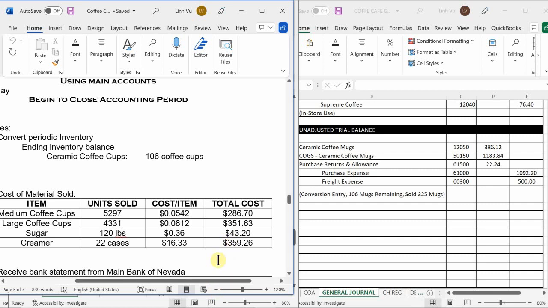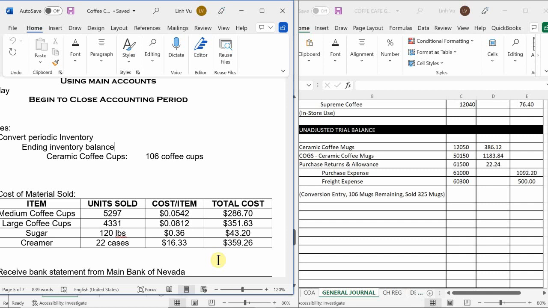So, how do I journalize this? Are we going to be debiting that, or are we going to subtract, or are we going to be crediting that? Am I adding to my coffee cups, or am I subtracting from my coffee cups? If I'm subtracting it, why would I be debiting my assets?